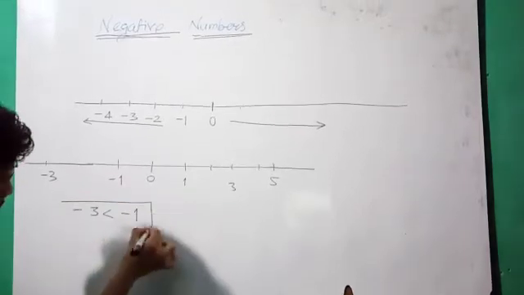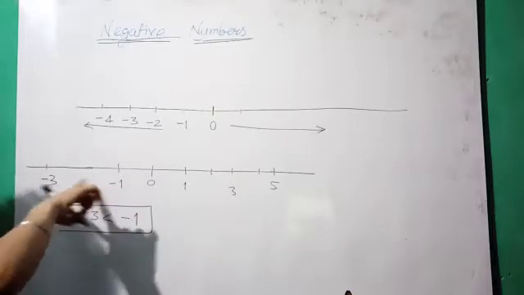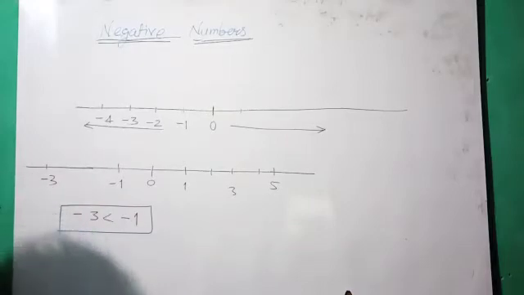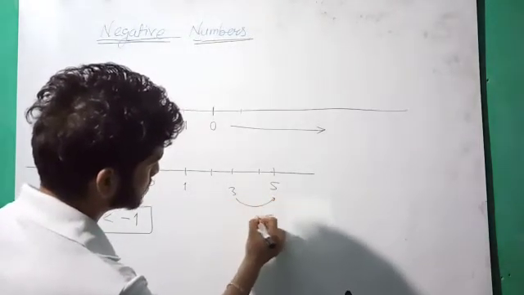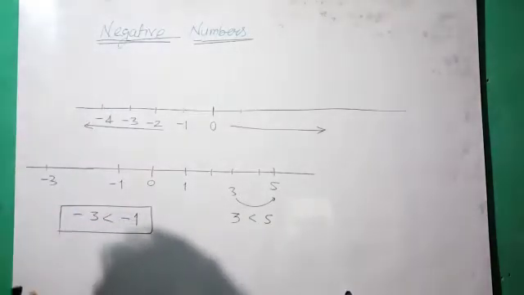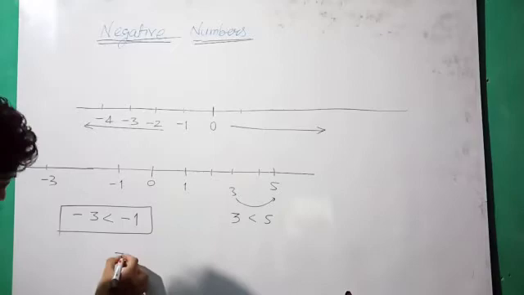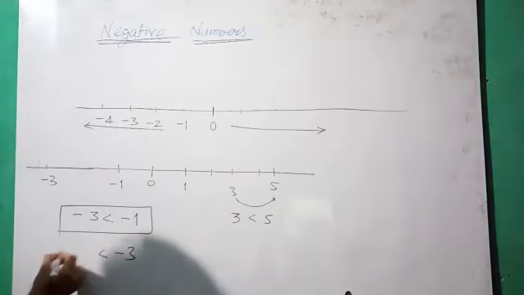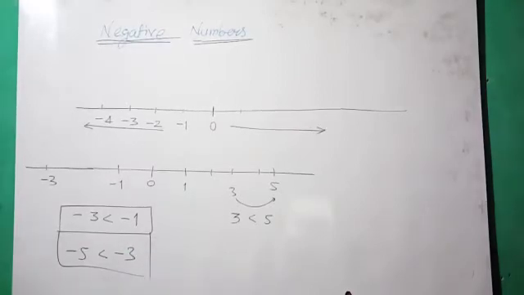The negative of a smaller number is always greater than the negative of the bigger number. Like this, 5 is greater than 3. And if you want to compare -3 and -5, then the negative of the smaller number, -3, is greater than the negative of the bigger number. You have to remember always these two things.